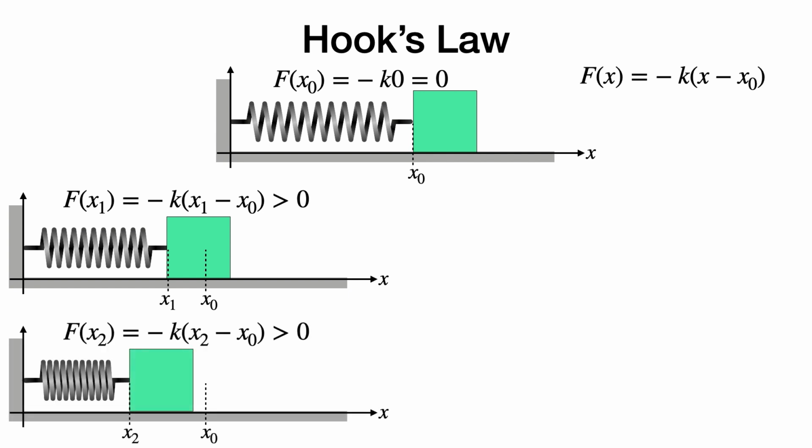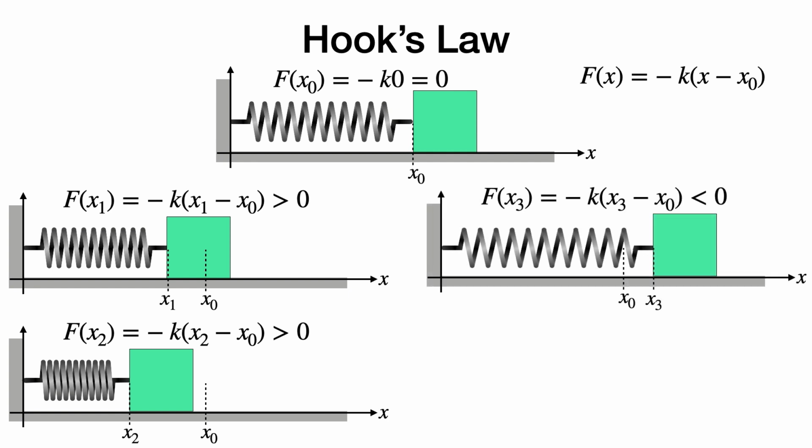If we compress the spring a little bit further to position x2, then we get an even larger positive force acting towards the right. If we now extend the spring out to a positive displacement at x3, x3 minus x naught is a positive number multiplied by minus k, which gives us a negative force trying to pull the block back towards the left, towards its equilibrium position.